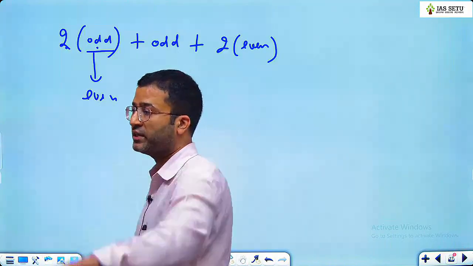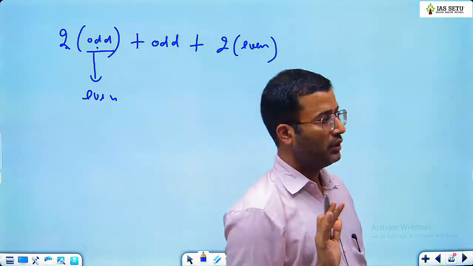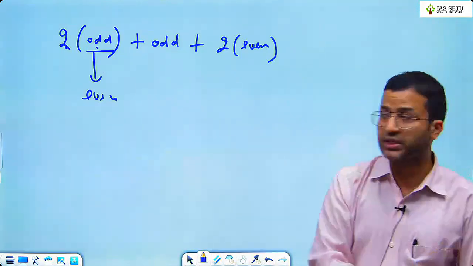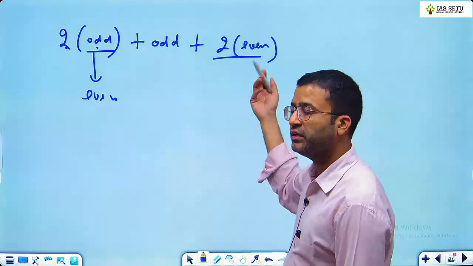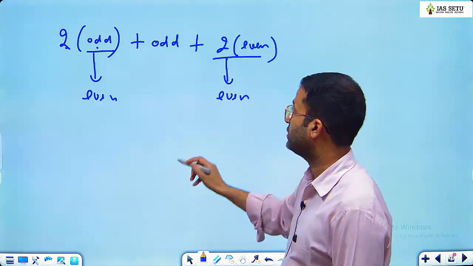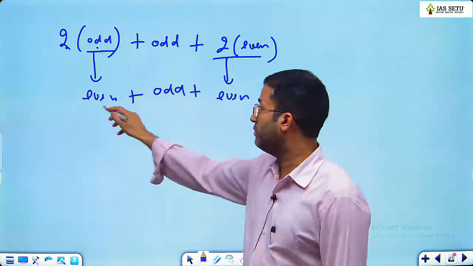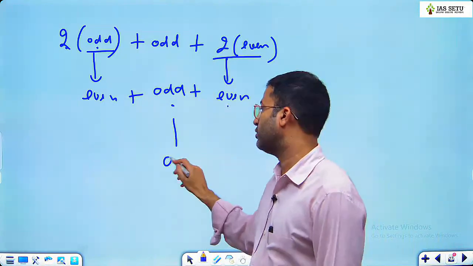You can check with an example, 2 into 3 is 6. You can check with numbers. What is 2 into even? Even. Even, even, even, even plus odd, finally your answer is odd.